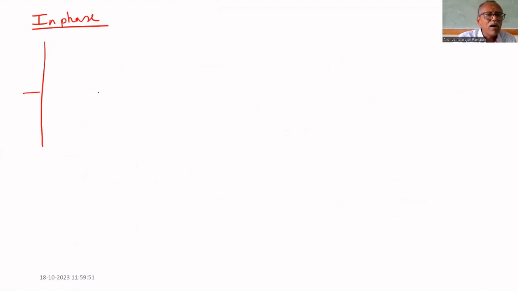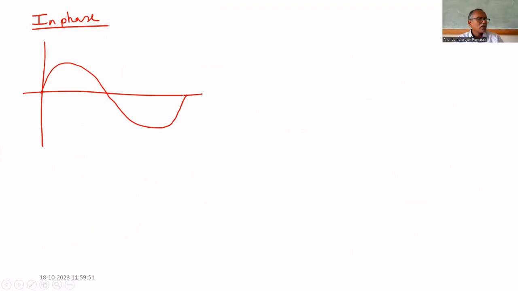That is one point you should learn. The second point is in phase. In phase means you can plot for voltage as well as current. I am plotting for voltage, and now I am plotting for current. This is the voltage waveform, this is the current waveform.